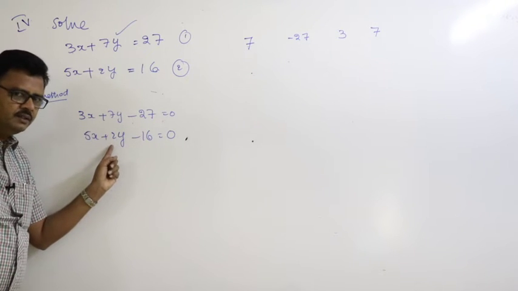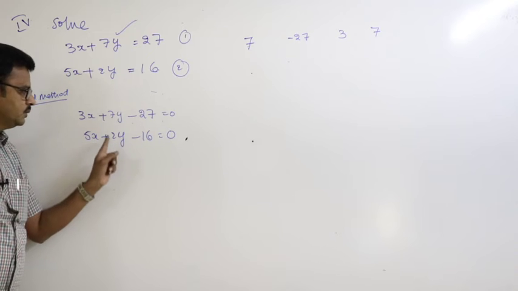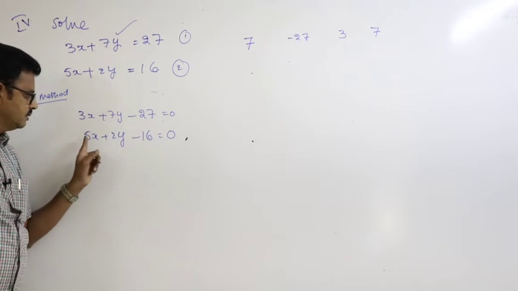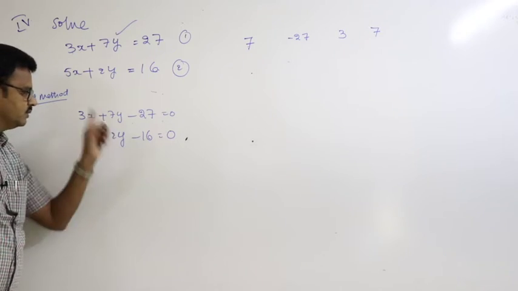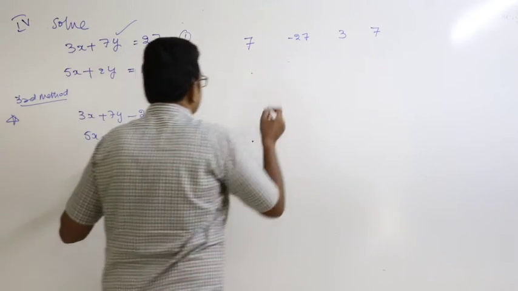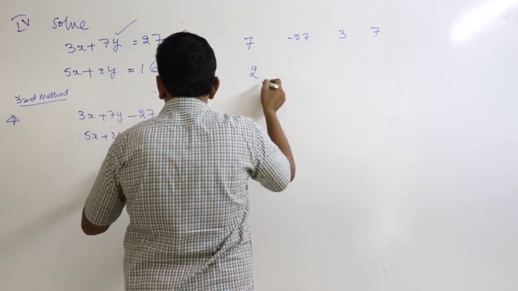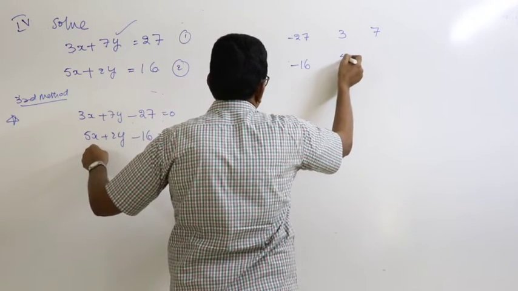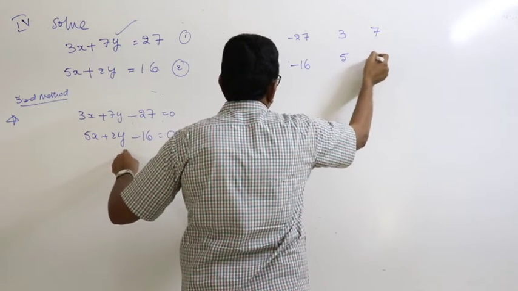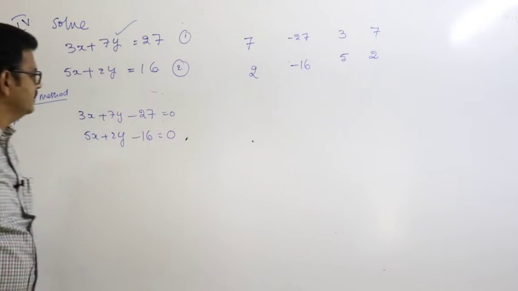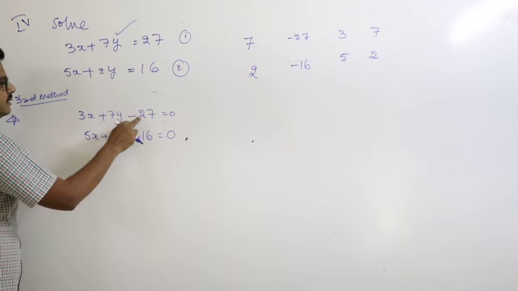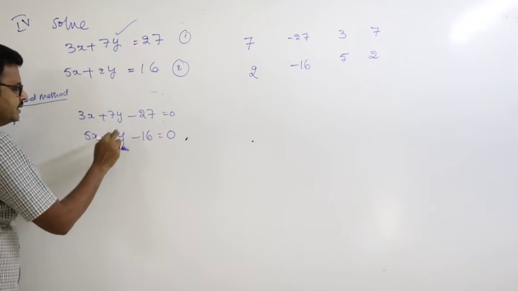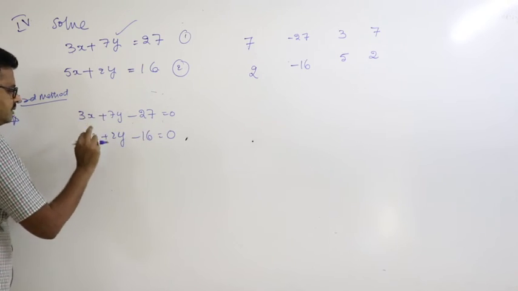In the same way, the y coefficient is 2, then minus 16, then x coefficient 5, y coefficient 2. Y coefficient, constant, x coefficient, y coefficient.